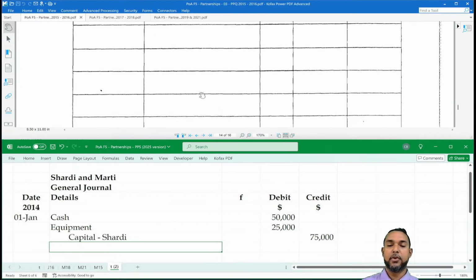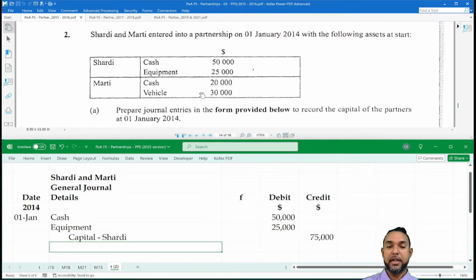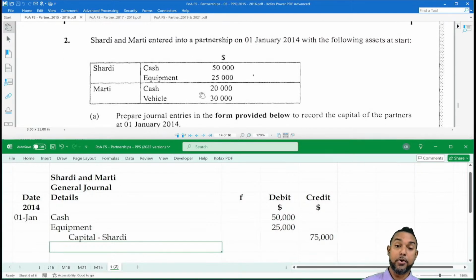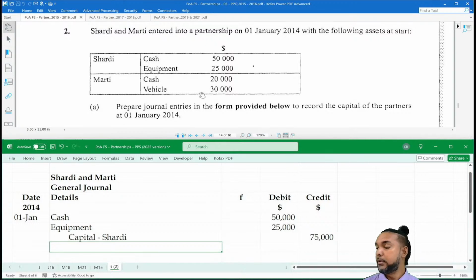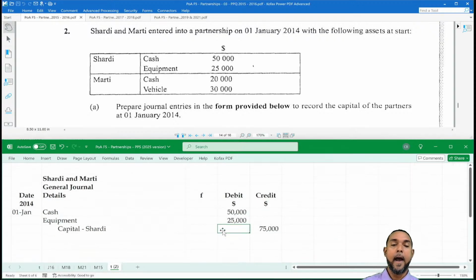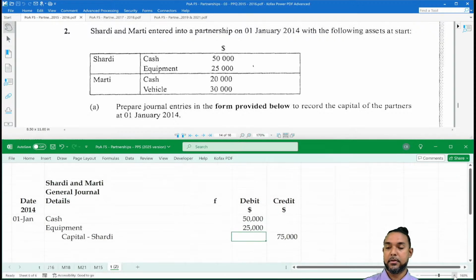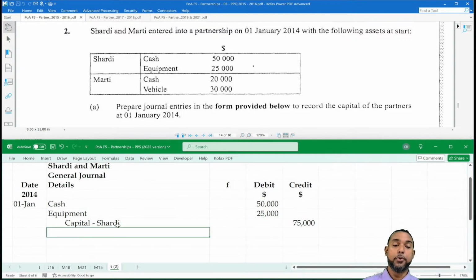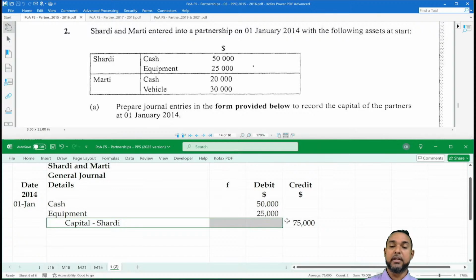Now, they didn't tell you whether or not to put narrations, but a narration is a small description of the transaction being recorded above it. Usually it is mandatory. Right, so it goes, and please note the credit entry, which is capital, and capital is being credited because it's increasing. Please note that the credit entry is indented relative to the debit entry.